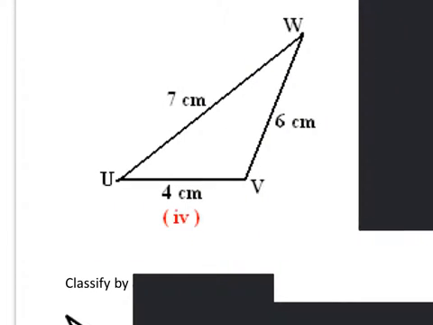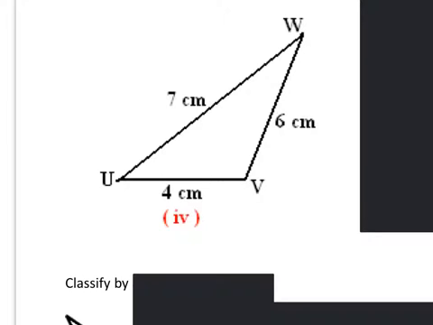So go ahead and switch sides. Let's do this one. Okay, you ready? Okay, let's classify this triangle. All right, so go ahead and pause the video when you're ready to tell me what type of triangle it is.